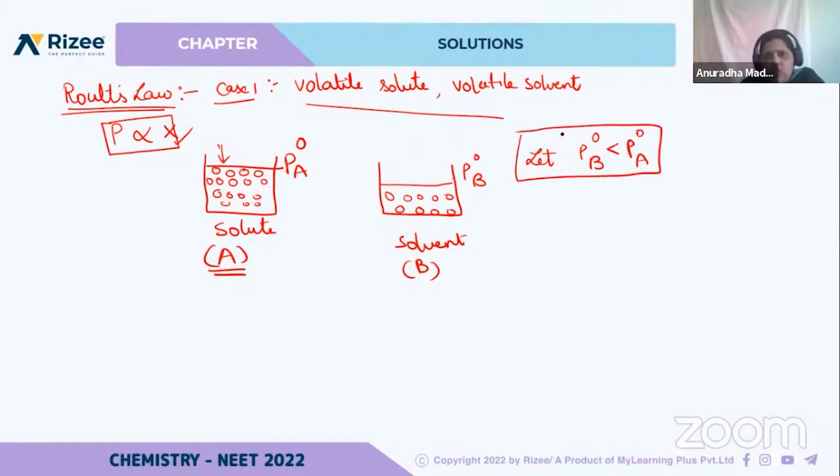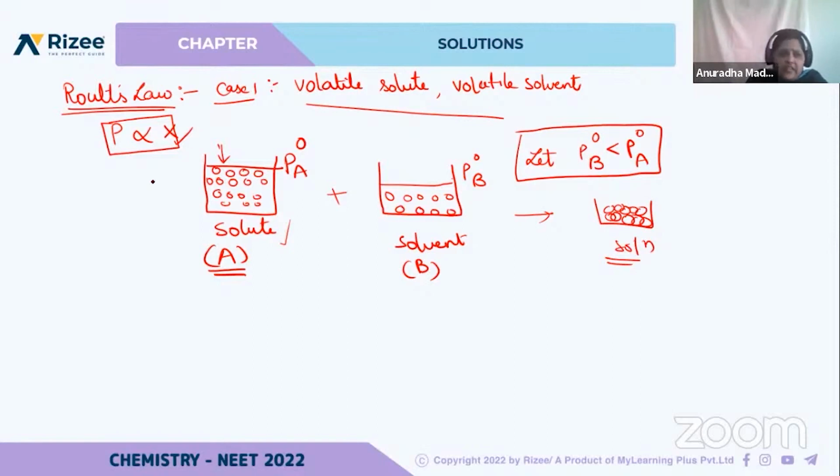Why are we assuming this? Obviously, PA0 is only for solute, here it is solvent, and that too, some solute particles are present in it. So the vapor pressure exerted by A, PA0, is greater than PB0. If both combine, we get a solution: solute A and solvent B. But our condition is PB0 is less than PA0.